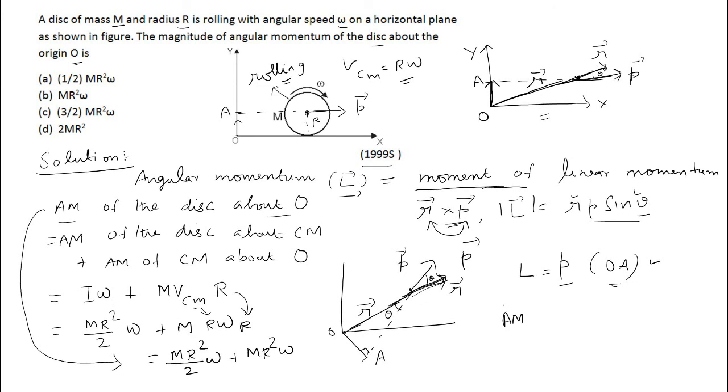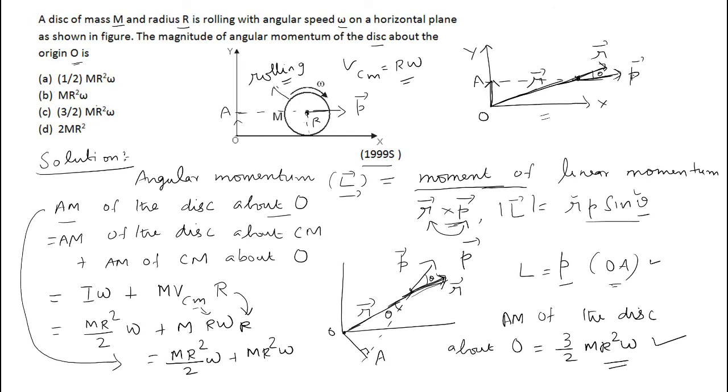The angular momentum of the disk about O is equal to mr squared omega by 2 plus mr squared omega, which is 3 by 2 mr squared omega.